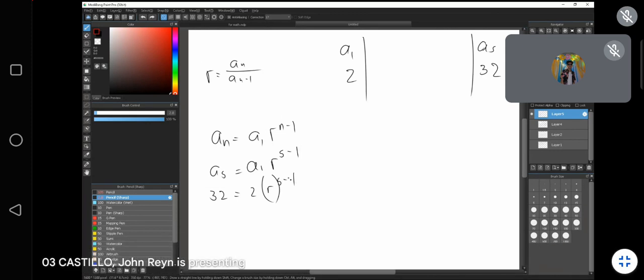Then we'll subtract 5 minus 1, which would be 32 equals 2r to the 4. Then we will put 2 here to separate. It will be a division.